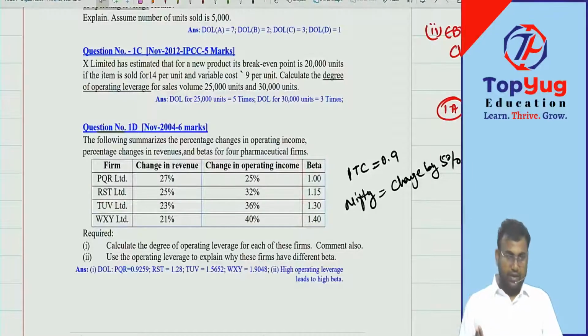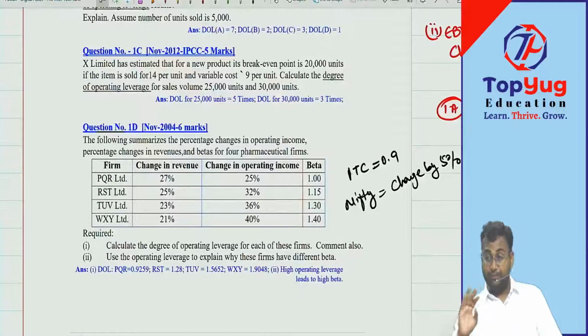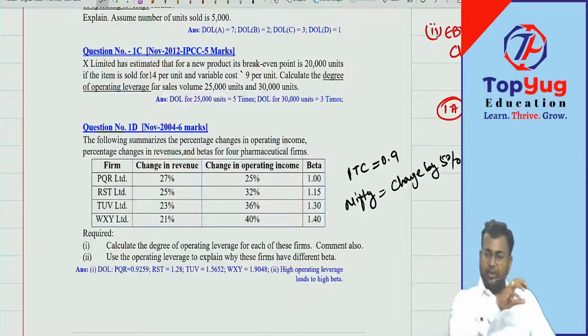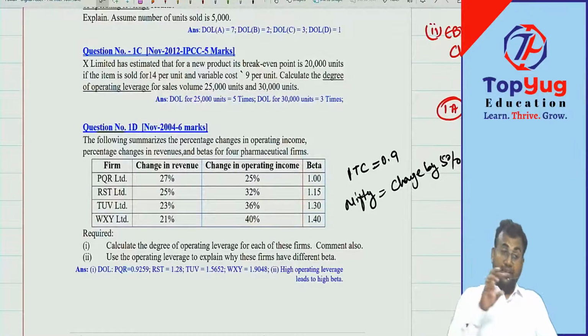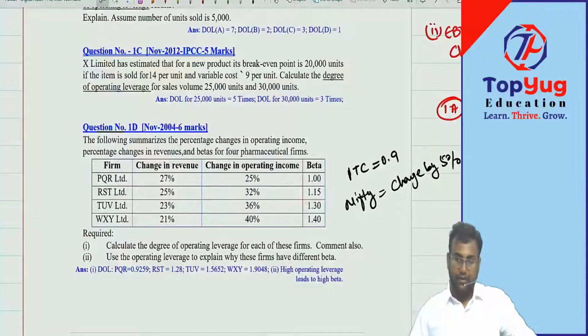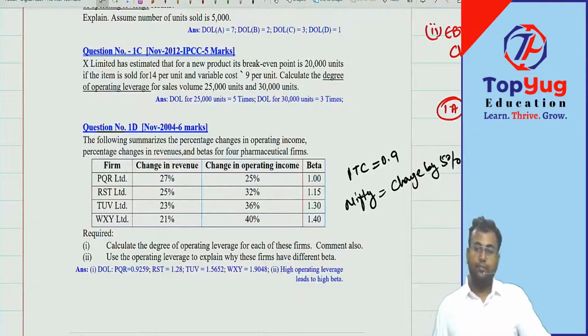Yes, right? Now the problem doesn't end here. Calculation is simple. Analysis starts when you see this. You will calculate operating leverage for the four firms. Then you have to see whether the operating leverage is in sync with beta. Can you see the last column?